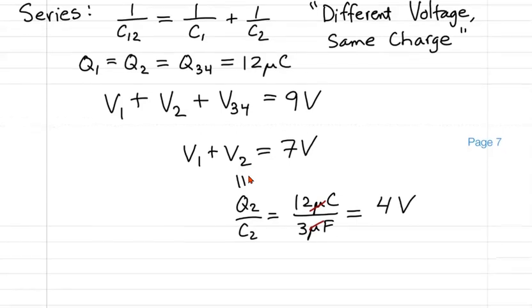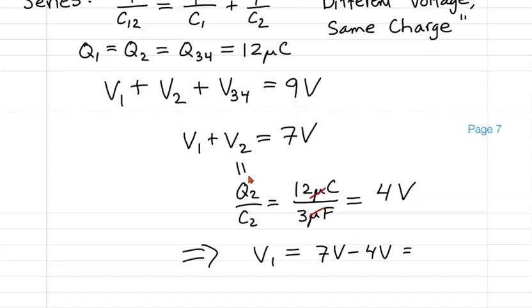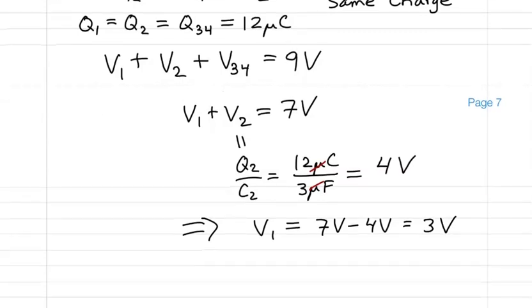So we know what that is. We can subtract it out so that in the end, V1 is 7 volts minus 4 volts, which is going to give you 3 volts. And now we're very close to our answer. Using the capacitor equation again, this will be equal to Q1 over C1, which is what we're trying to find.